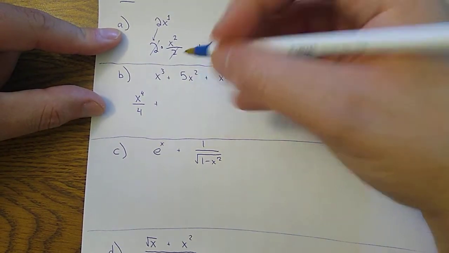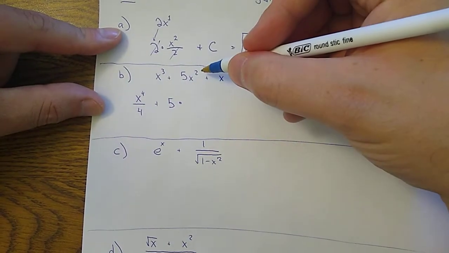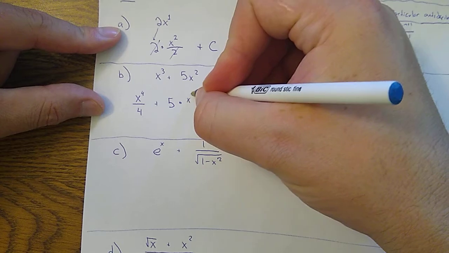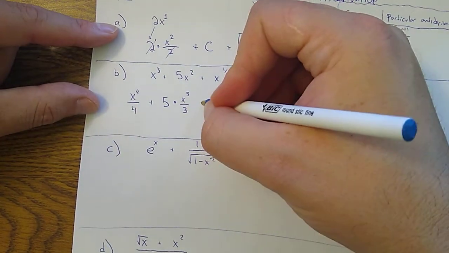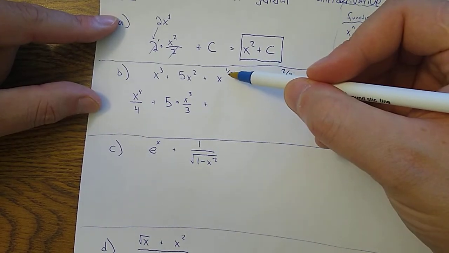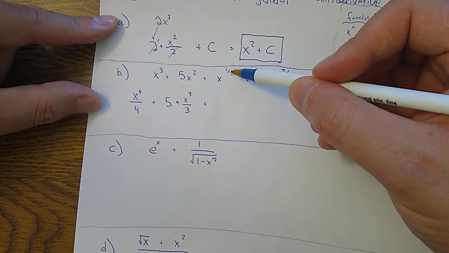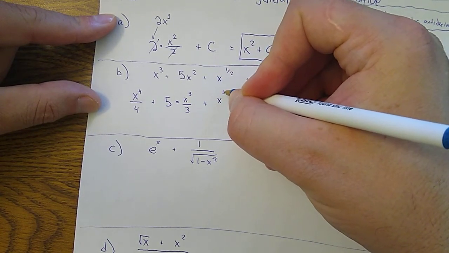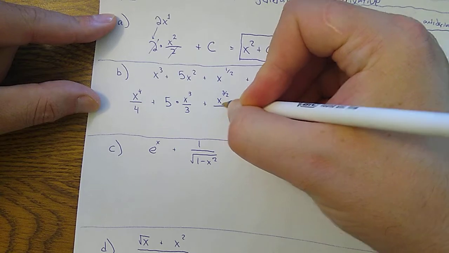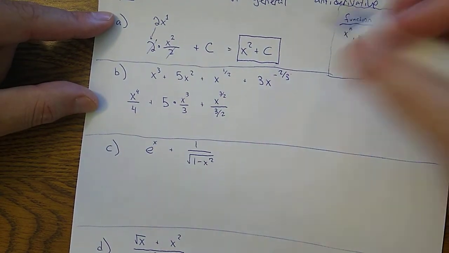Then the 5 carries right down, and then I'm doing x squared, so I get x cubed over 3. We can even use this for fractional powers, x to the 1/2 power. If I increase that by 1, I would get 3/2, and then I would also divide by that same number.